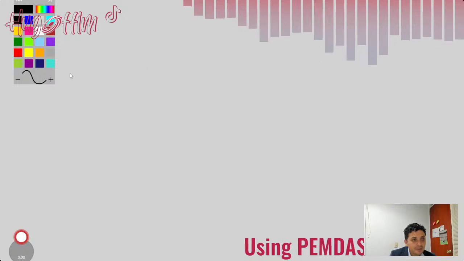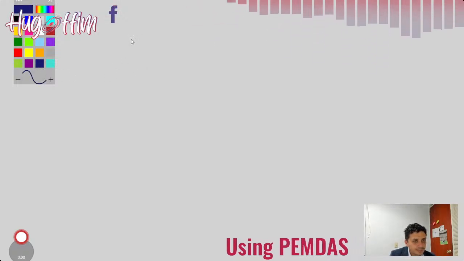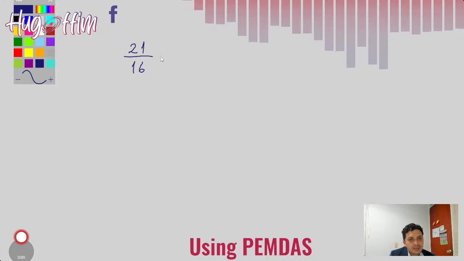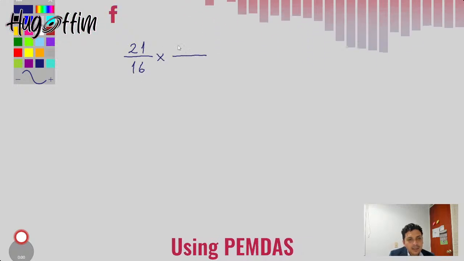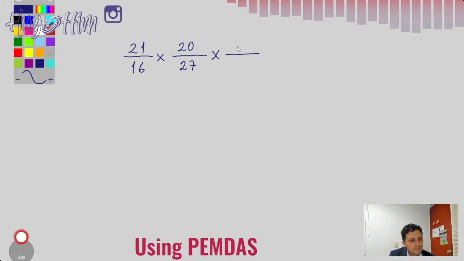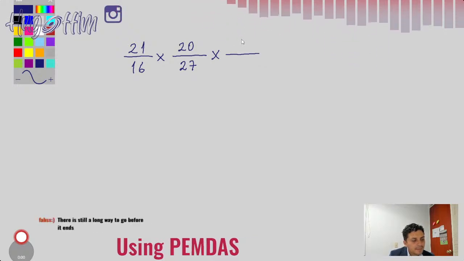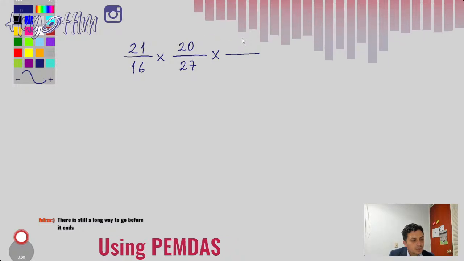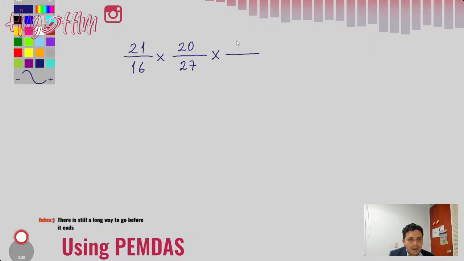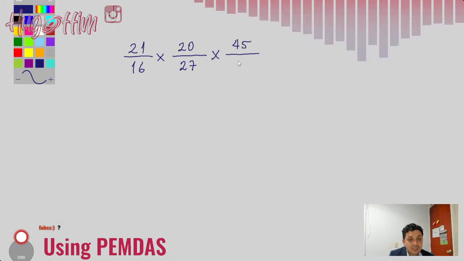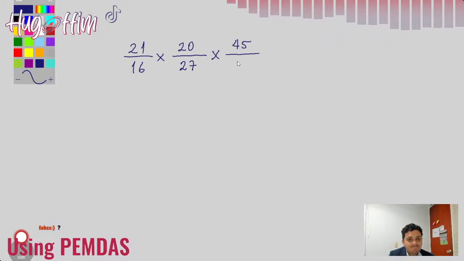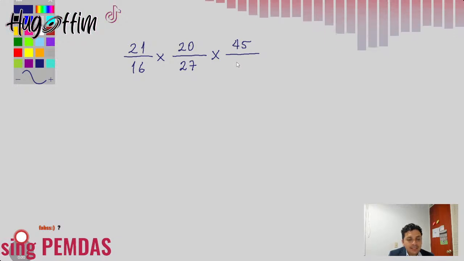So I'm going to give you an example. 21 over 16 times, let's say the other is 20 over 27 times, and finally 45 over, let's put 28.